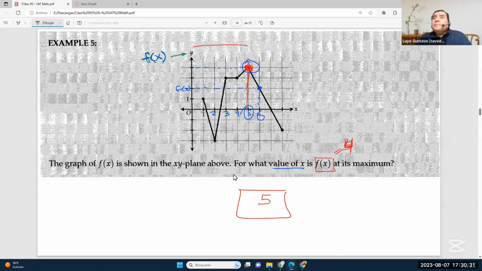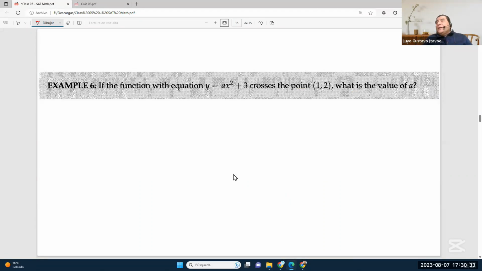Let's see another example. If the function with equation y equals ax squared plus 3 crosses the point 1, 2, what is the value of a? Beware of questions where they tell you that a function crosses, passes, or contains a certain point.